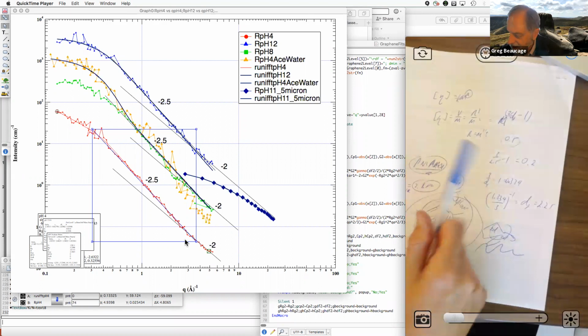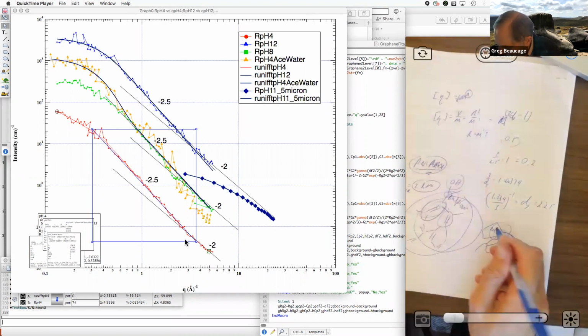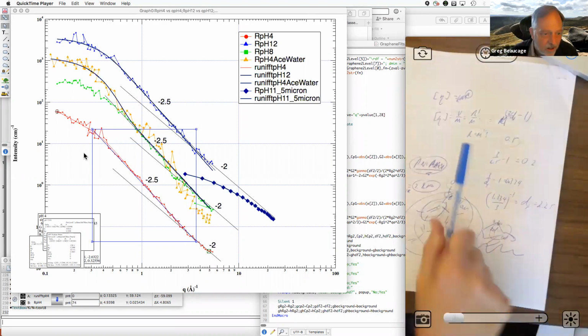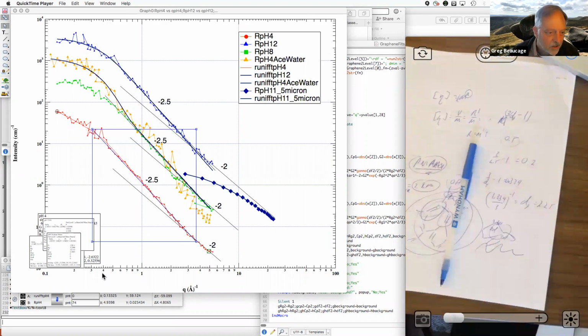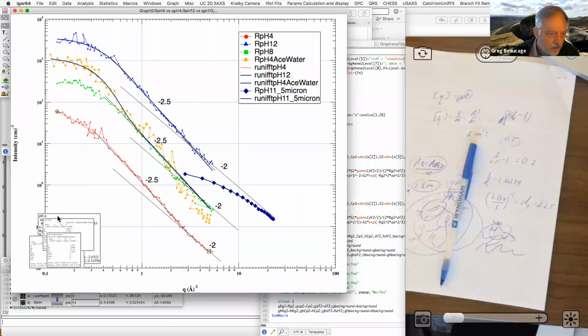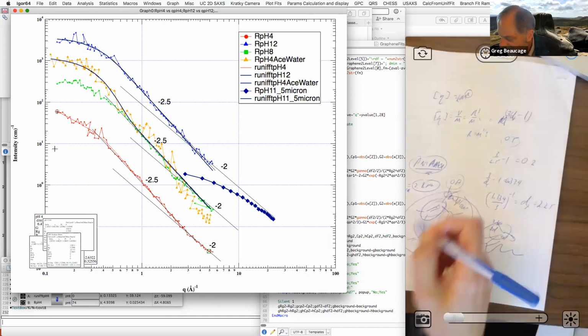So the size of these sheets is 2.2 microns, and the other end, where this tails over, is something like 10, 12 microns, so 20 microns, this radius.